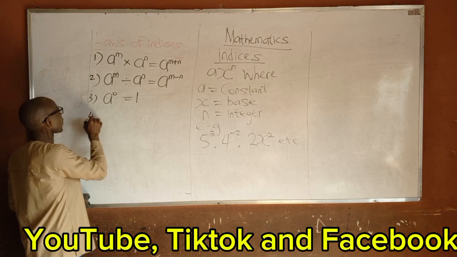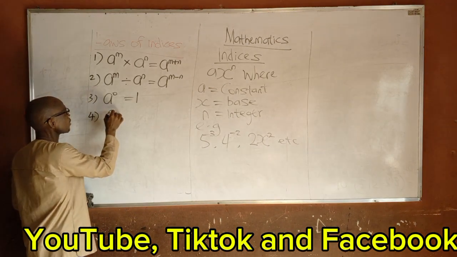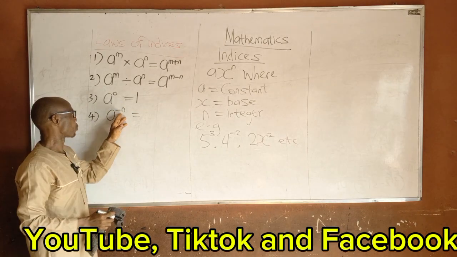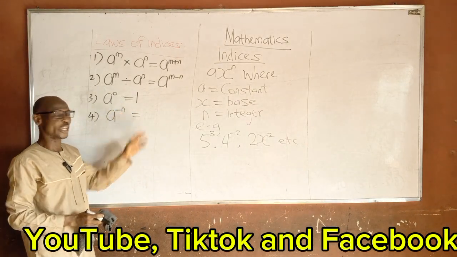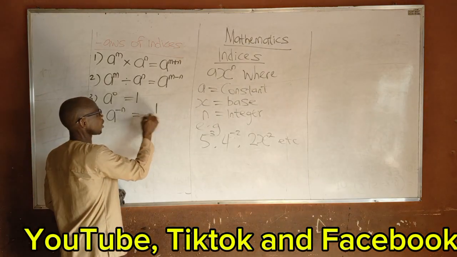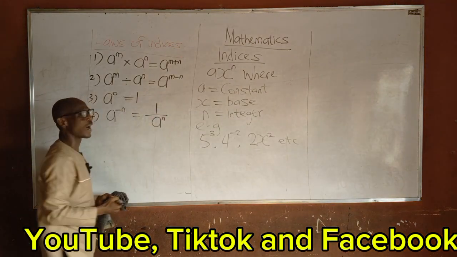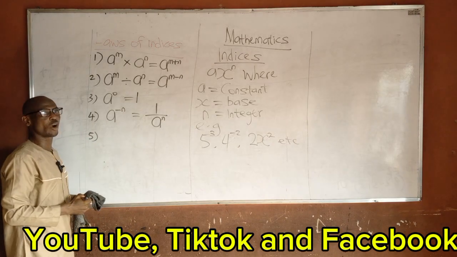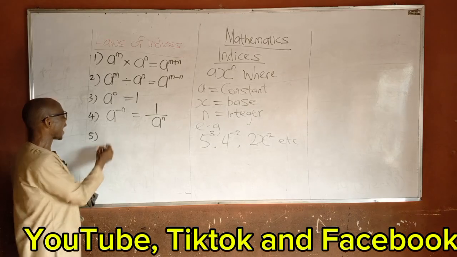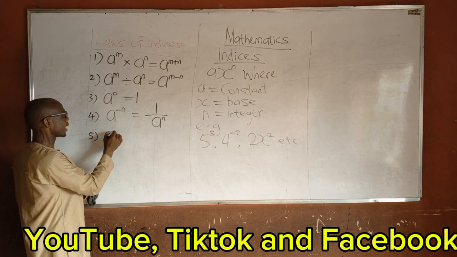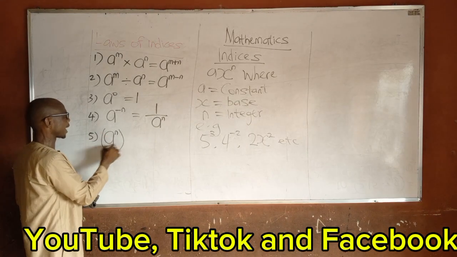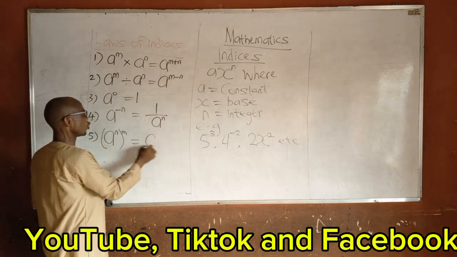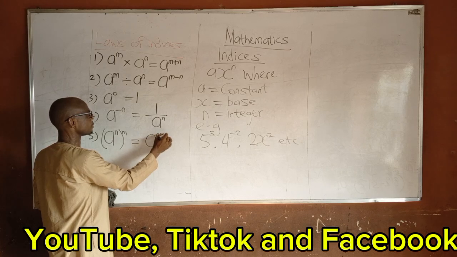We have our fourth law here, a raised to power minus n, which is equal to 1 all over a raised to power n. The fifth law we are going to take, we have a raised to power m, open bracket, raised to power n. This is equal to a raised to power m times n.